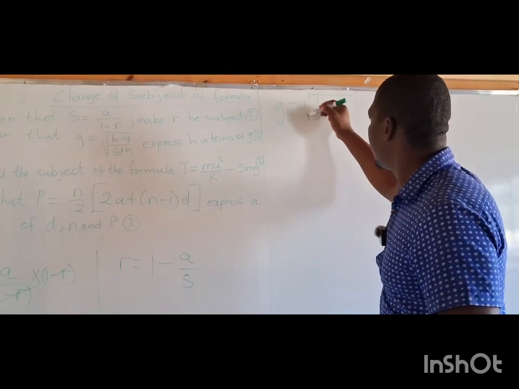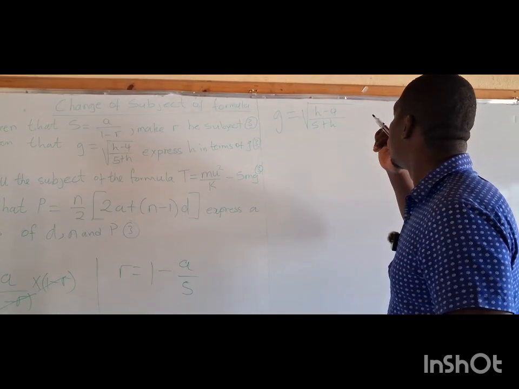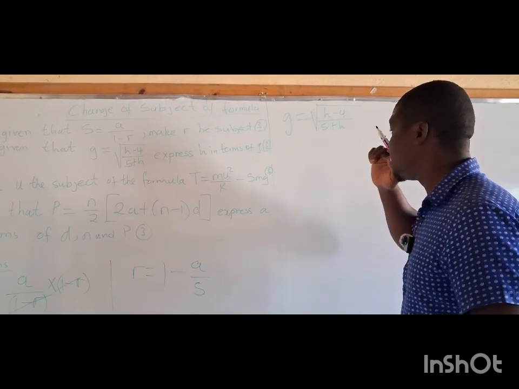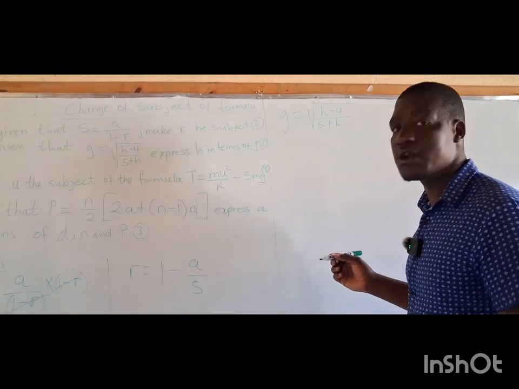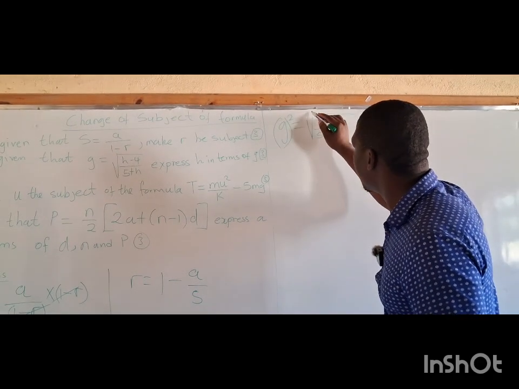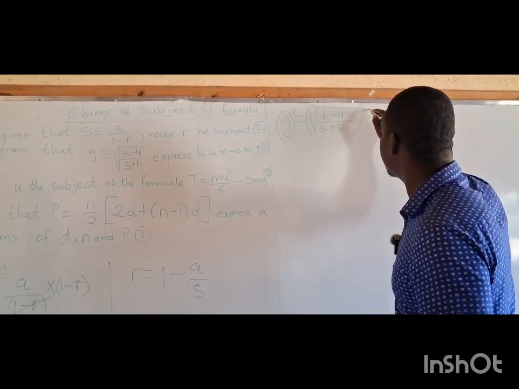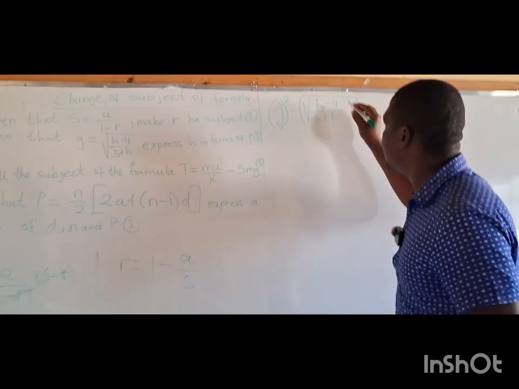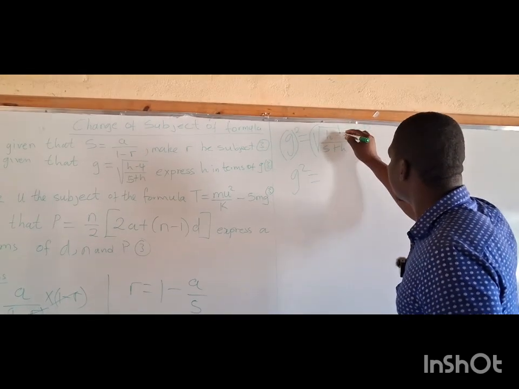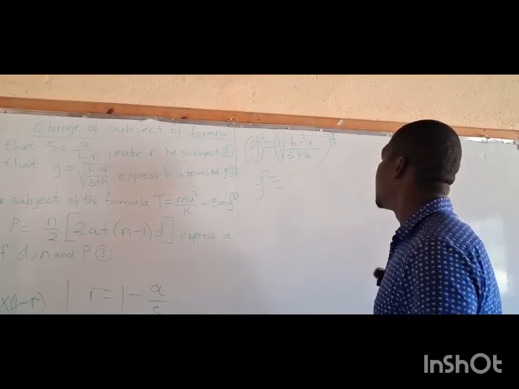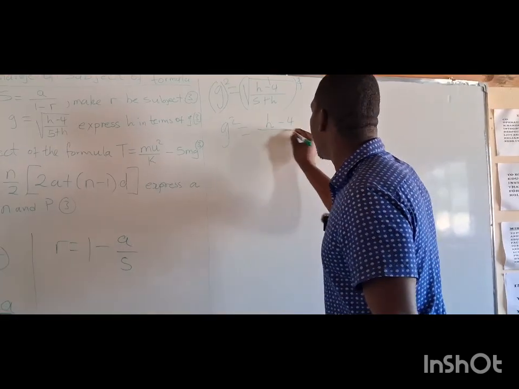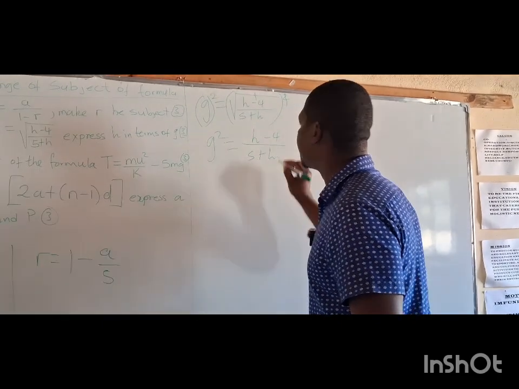We can see that we have a square root, so in order to remove the square root, you square both sides. So that it becomes G squared is equal to, a square root and a square cancel each other, so you are left with H minus 4 over 5 plus H.